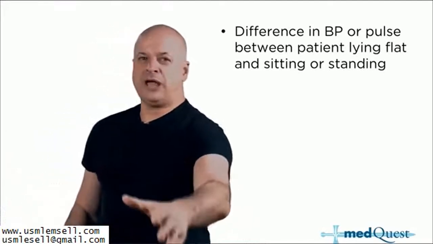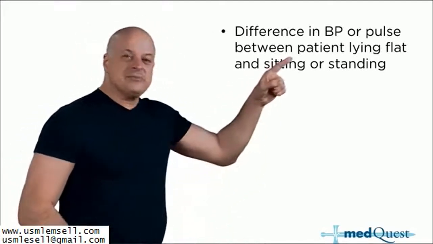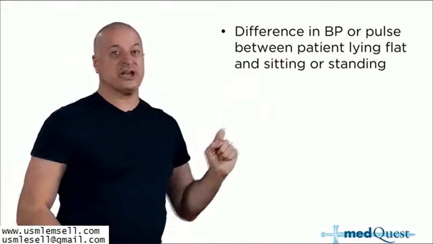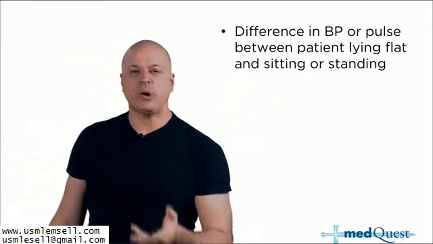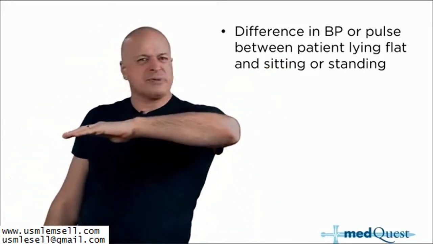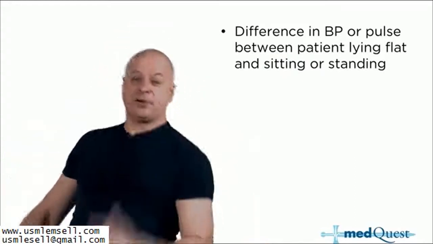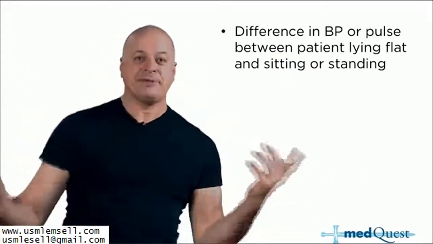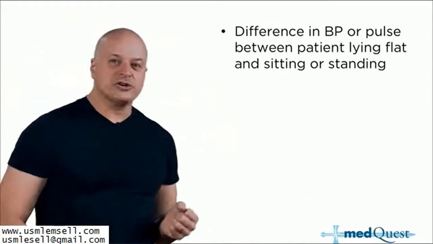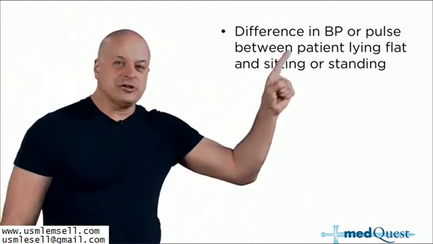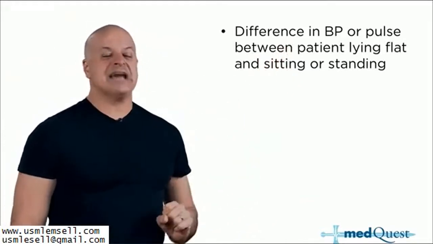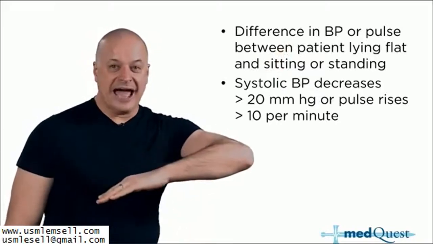But when you have a person who's got a blood volume loss, or is dehydrated, or has GI bleeding, that's the most important thing. Lying flat, the blood pressure and pulse were normal, you sat them up and all of a sudden the pulse goes up or the blood pressure drops. That's what orthostatic is. It's a subtle drop in blood pressure that's not detectable when lying flat.